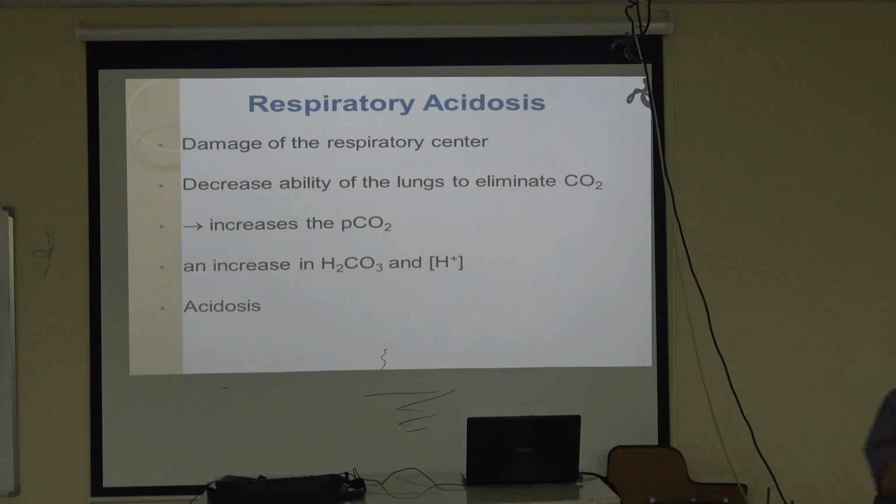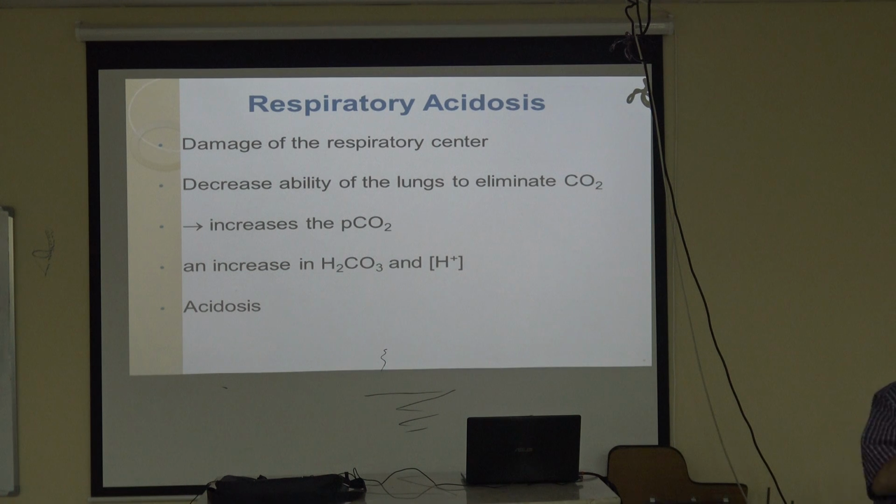Now remember, please, do you think this condition can be corrected by the respiratory system? No. Why? Because it is caused by the respiration. I told you earlier, acidosis can be corrected by chemical buffers, by respiration and by kidney.